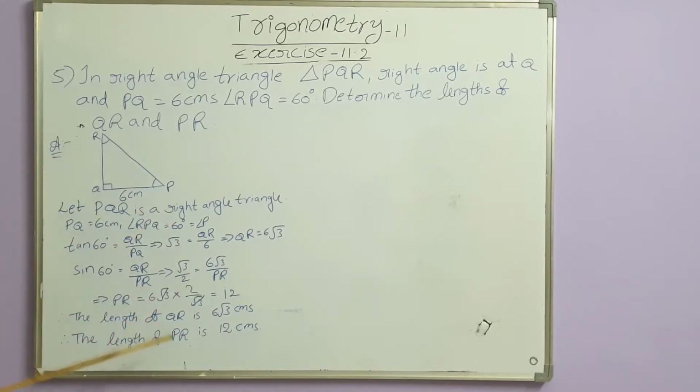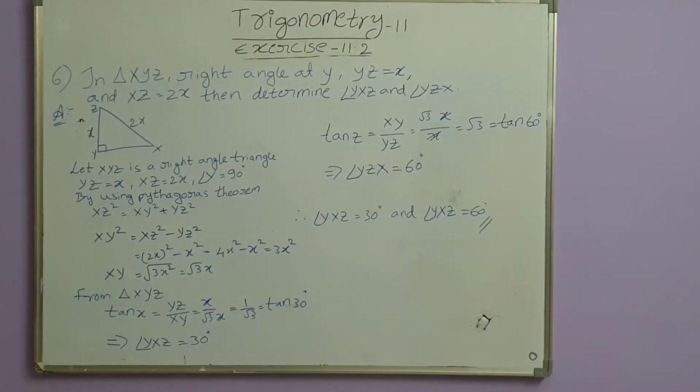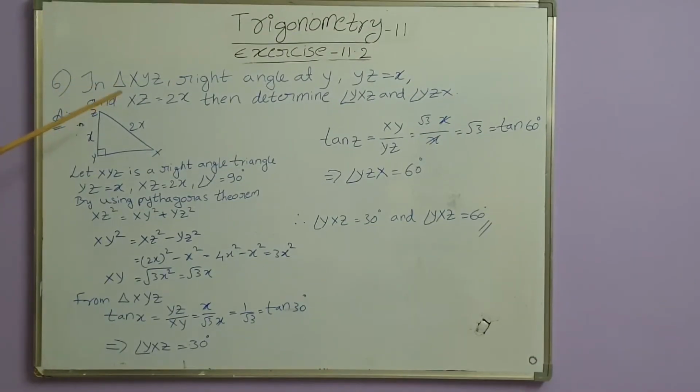The length of QR is 6 root 3 centimeters and the length of PR is 12 centimeters.